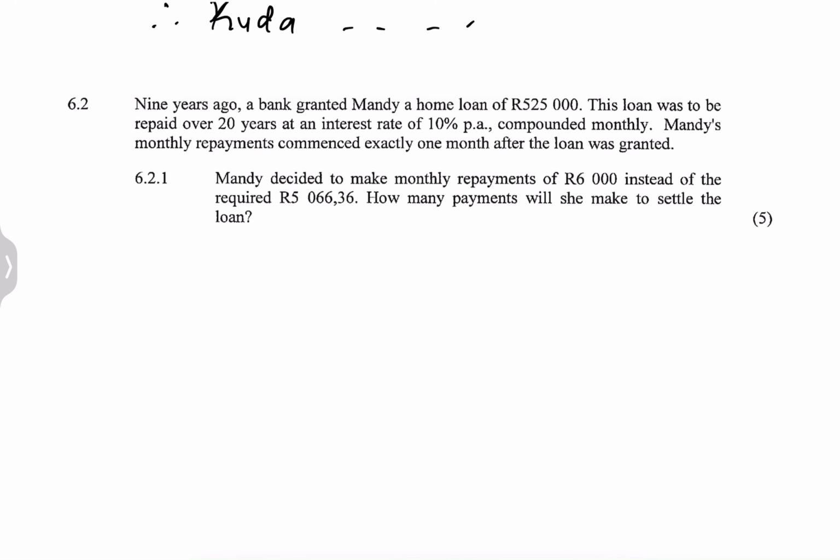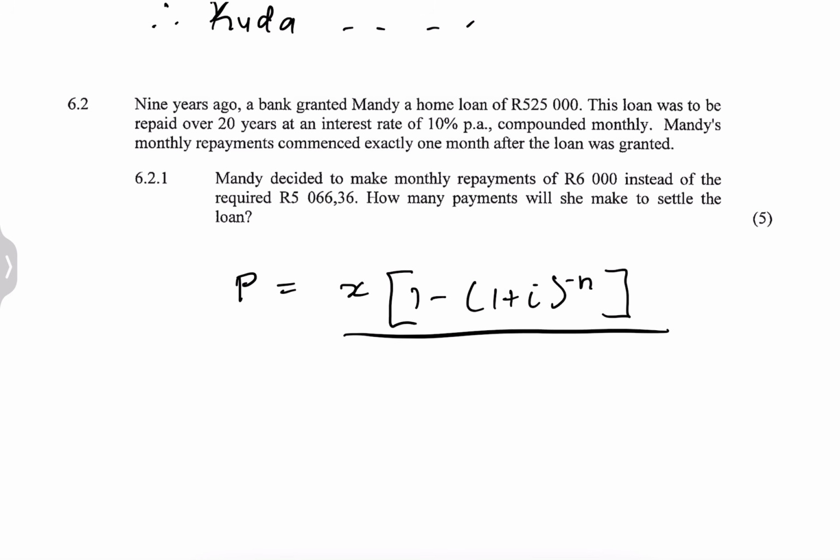All right. Now, what we're going to do, ladies and gents, is use our present value formula. We know the present value would have been 525,000. So we say x times (1 minus (1 plus i) to the power of minus n) divided by i.